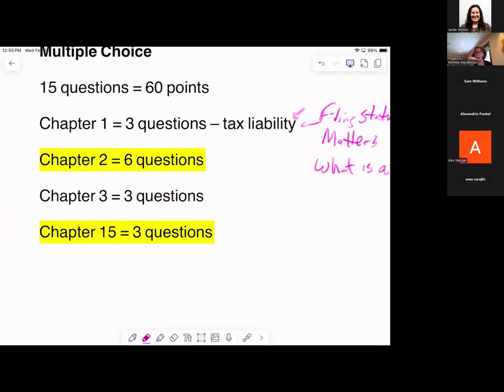Chapter 2, there are 6 questions from chapter 2 and 3 from chapter 15. The reason that there are so many questions from chapter 2, for example, is that there are no free response questions from either of those chapters.